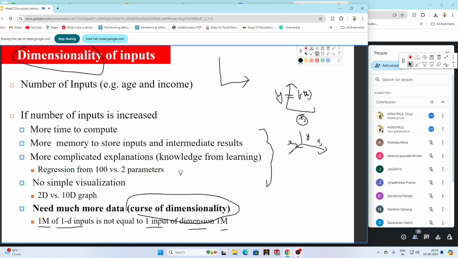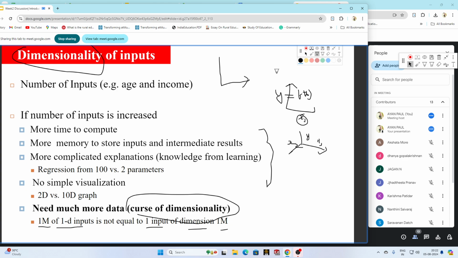Like earlier we had three inputs and 5 data points, it is okay. But let's see this example. If we have one input and 1 million data points, it is easy to fit the curve. But what will happen if we have 1 billion inputs and one data point? We cannot fit the curve, because we know that for fitting a curve we require 3 data points.